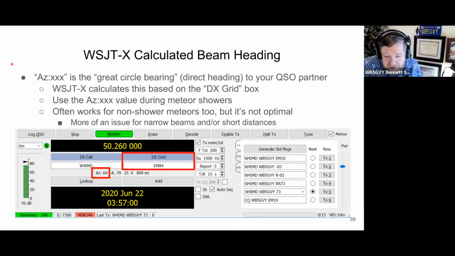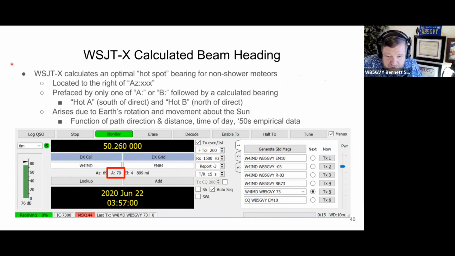But it turns out if it's not a meteor shower, there's something called hot A and hot B. As this red box on this particular slide shows, you'll see that there's A:79, and that could have been a B colon as well, but the software calculates whether only one is the best, and the one that's there, you would say you had a hot A bearing of 79 degrees.